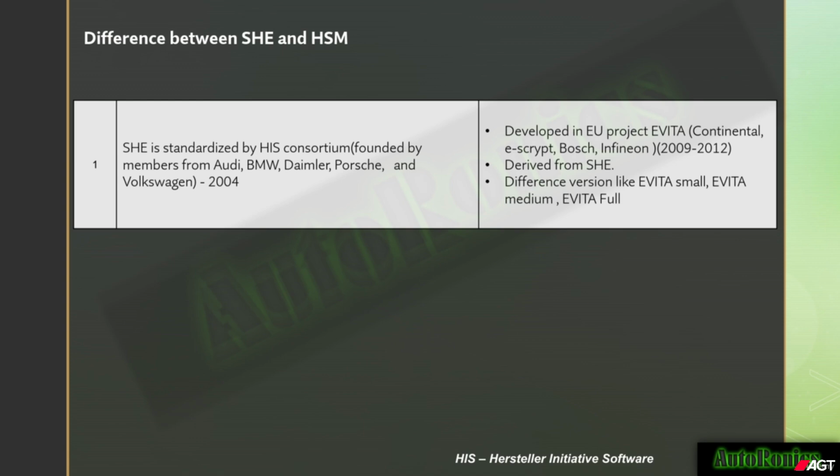They called the project EVITA, which stands for E-safety Vehicle Intrusion Protected Applications, where the major objective of the EVITA project is to design, verify, and prototype an architecture for automotive onboard networks, where security relevant components are protected against tampering, and sensitive data are protected for better vehicular communication. HSM is derived from the SHE specification, and it has different versions like EVITA small, EVITA medium, and EVITA full.